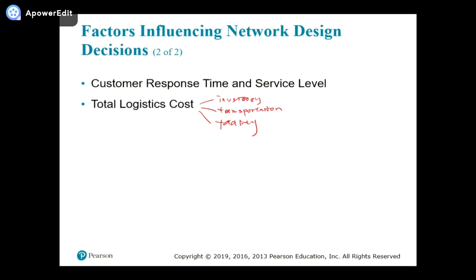And as we come into the age of globalization, a lot of the macroeconomic factors should be taken into account as well. So, for example, the policies related to border tariffs and tax are very important in facility location decisions.